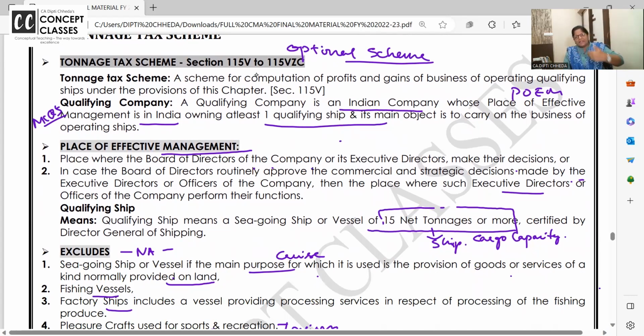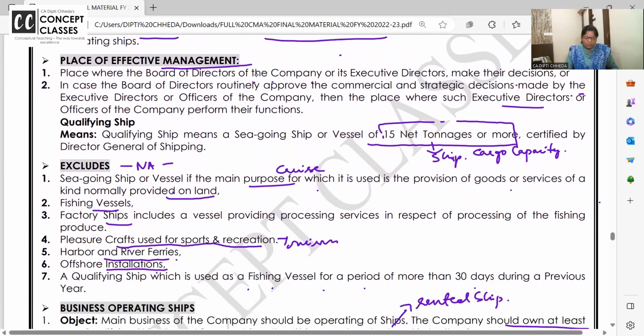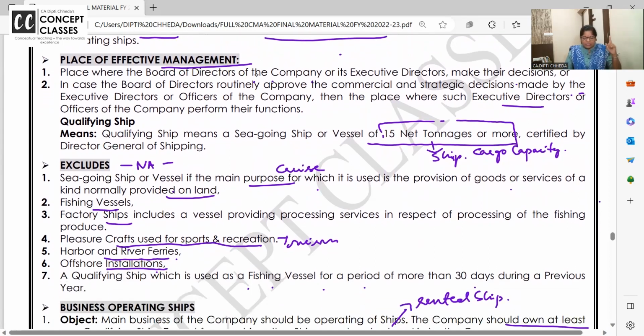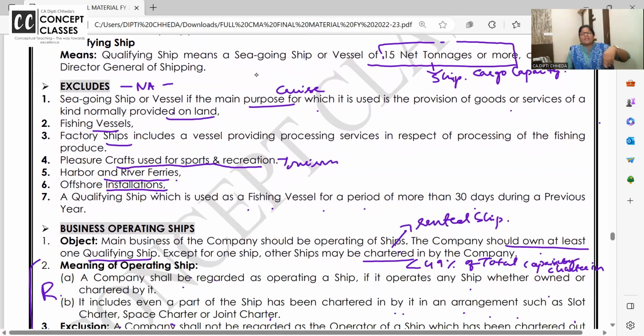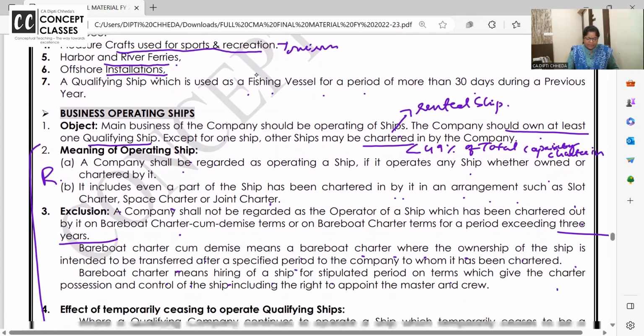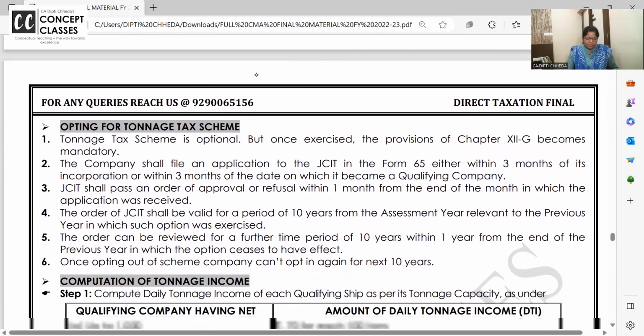Other ships can be rented in, chartered in, and the net tonnage should be more than 15 tons, right? Qualifying ships mean ships of 15 net tonnage or more, sorry, more than 15 tonnage, one qualifying ship's capacity. And it does not include internal transport boats and ferries and whatever is used for tourism and all. Okay, right. Chalo.